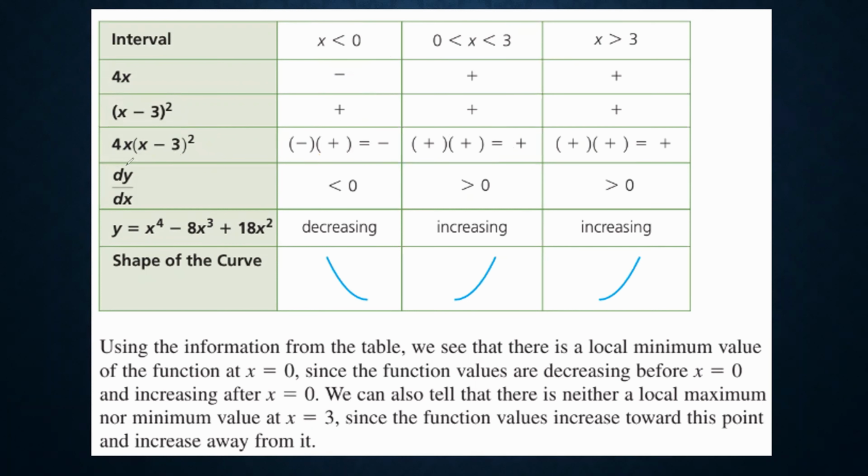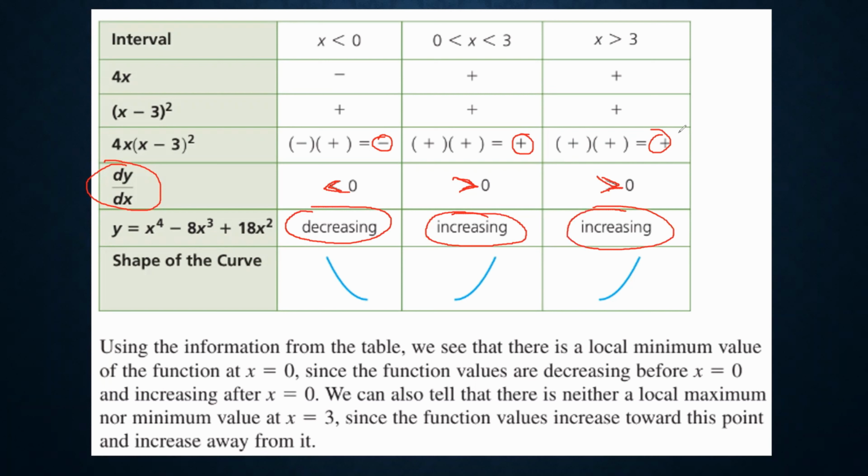Here we say the derivative is negative because this sign is minus. Here the derivative is positive, and here it's positive again. When the derivative is negative, our initial function is decreasing. When the derivative is positive, our initial function is increasing, and when it's positive again, it's still increasing.